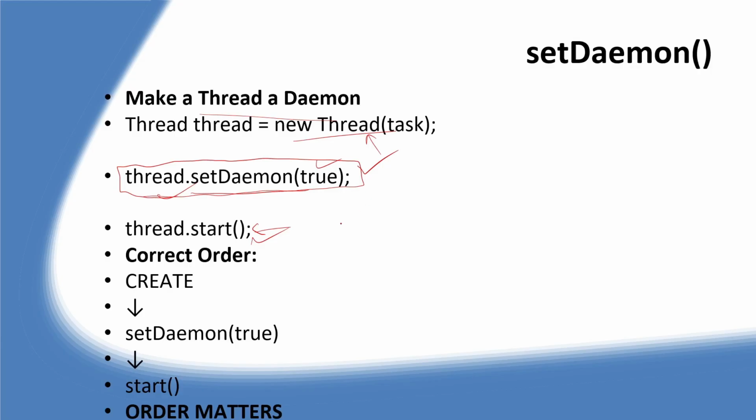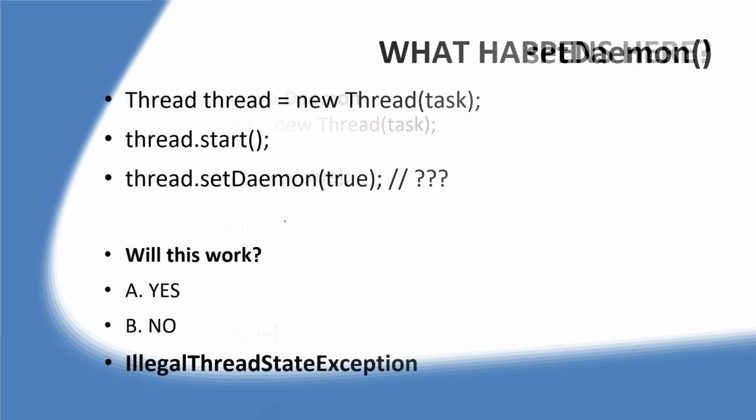Why does this order matter? Because once a thread has already started, we cannot change it to daemon status. So here is the rule I mentioned at the beginning of the video. Look at the code carefully. Here we are creating a thread and starting it, and then trying to set daemon as true.